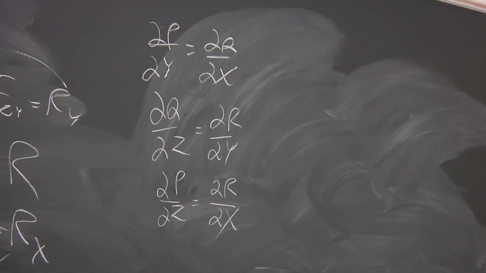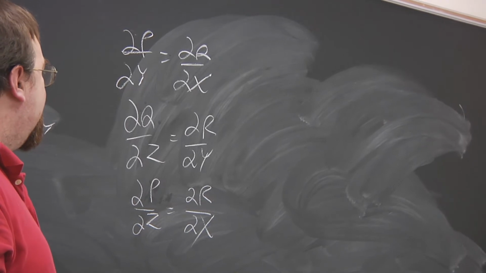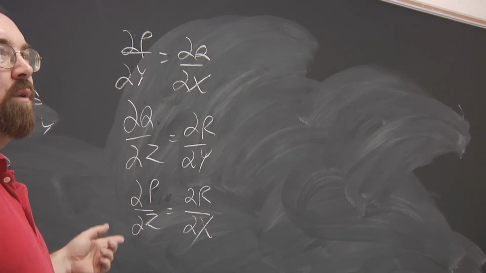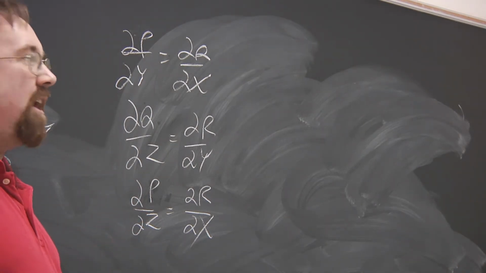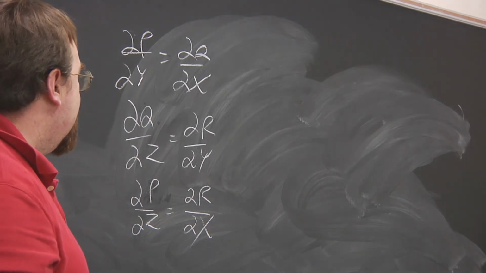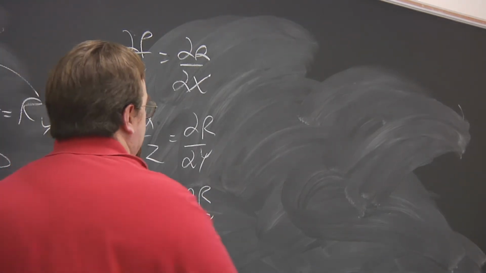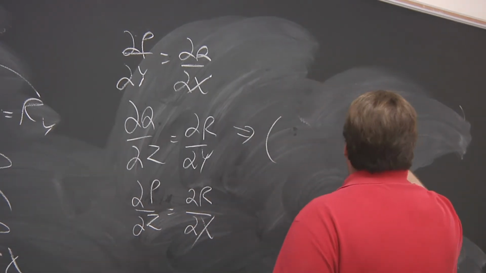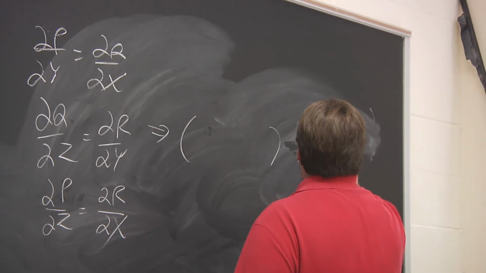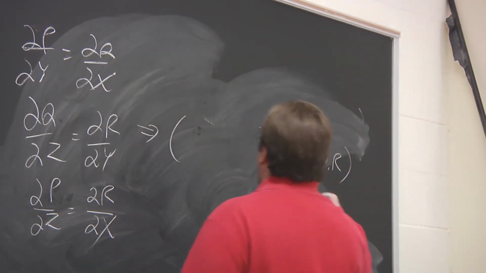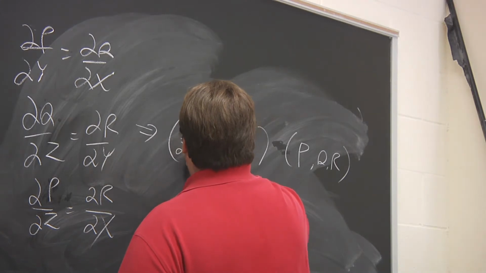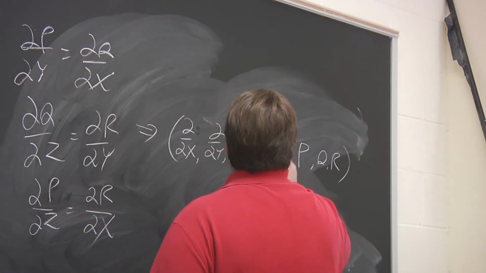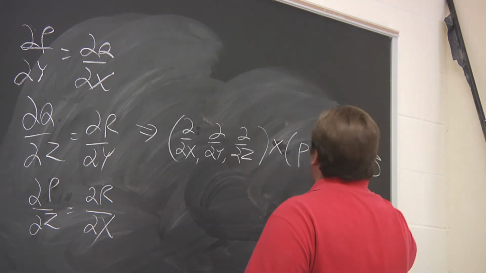Now it might be difficult to remember it this way, although we're actually going to, a little bit down the road, describe this test a little differently, because this is equivalent to saying that if you take the vector field F, so P, Q, R, and you take this vector of differentiation operators d/dx, d/dy, d/dz, and take the cross product of them, you get 0.